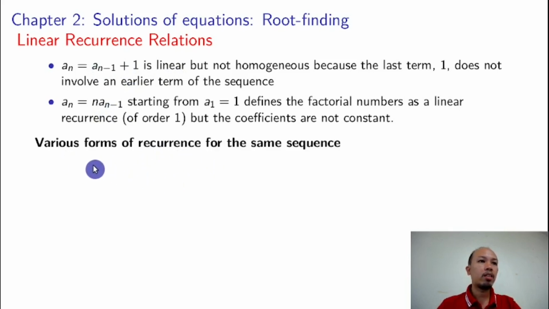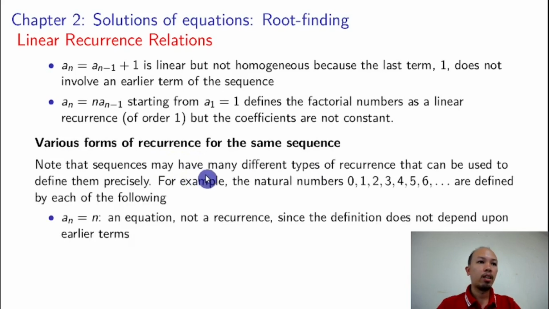It says here also various forms of recurrence for the same sequence. For example, this sequence 0, 1, 2, 3, 4, 5, 6, you can express it this way. The same sequence, with the output or the images the same.